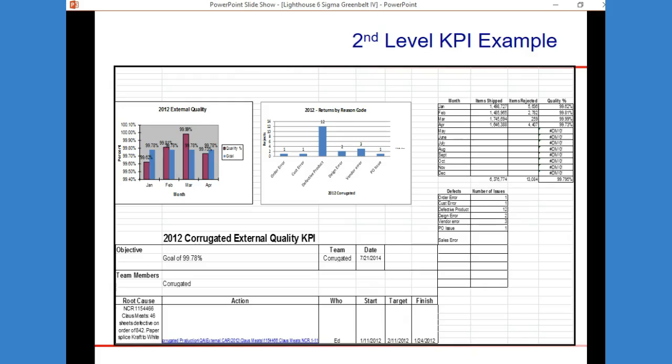Because what happens with a stretch goal is you start thinking outside the box, or you're a little more challenged, and you have to start thinking a little differently. It should make you sweat a little bit when they come along and say, oh, well, your goal this year is to only have 1 reject a month. I mean, what would happen if the board of directors said, hey, we're going to start measuring this, and I only want to see one reject a month come out of this building?